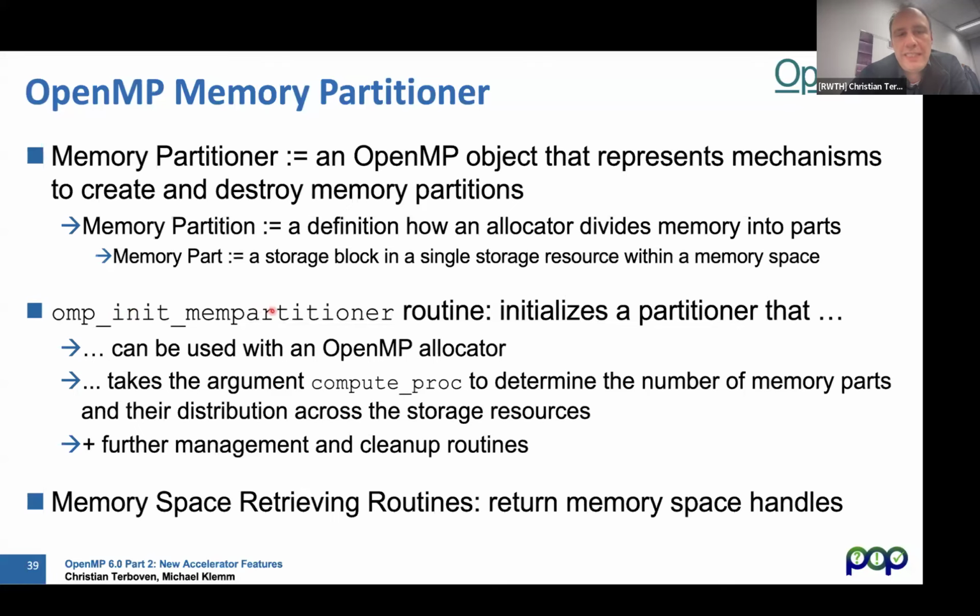So we have the OMP init mem partitioner routine that creates such a memory partitioner that can be used with an OpenMP allocator, as explained before. And it takes one argument that's important, namely the compute proc, which is a routine as an argument that determines the number of memory parts and their distribution across the storage resources by making use of the corresponding arguments.